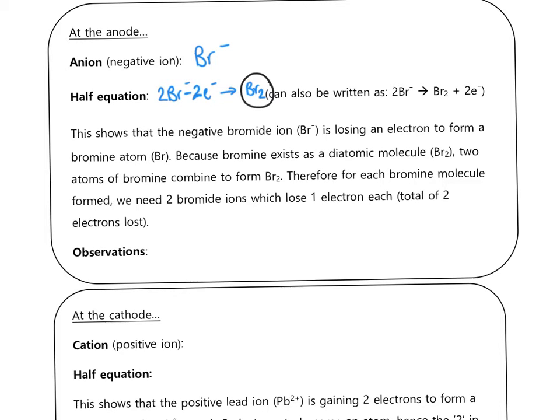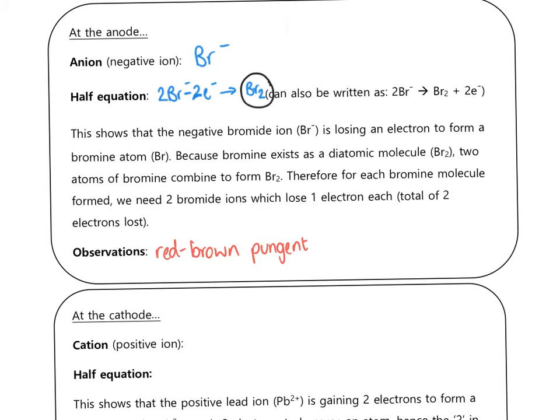So what I need to think to myself is, what colour is bromine? And you should know from your Unit 1.3 periodic table notes that bromine is a red-brown liquid. But because the temperature is so high, it is a gas. We also describe it as a pungent gas. What that means is that it has sort of a bad smell.